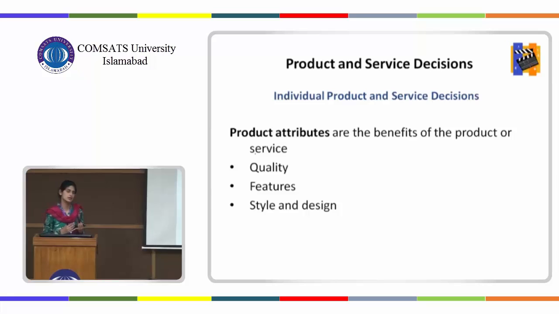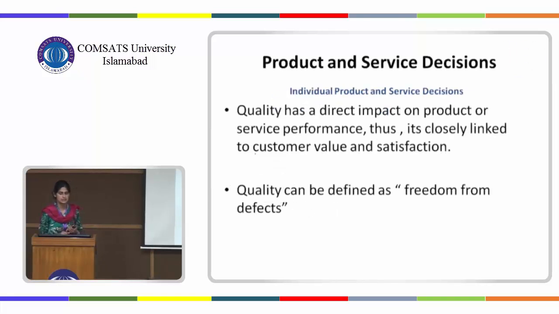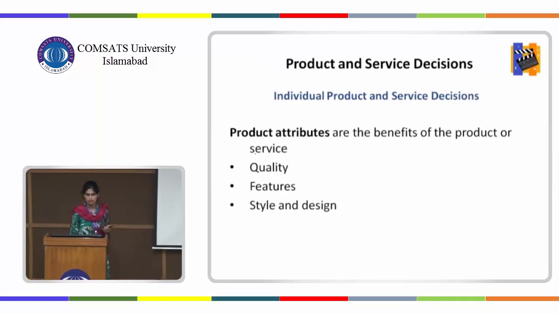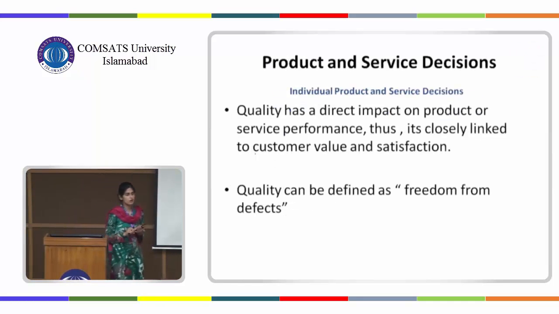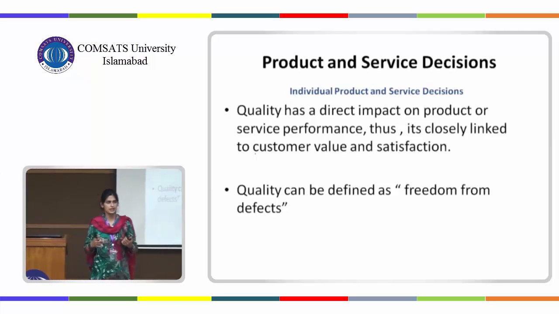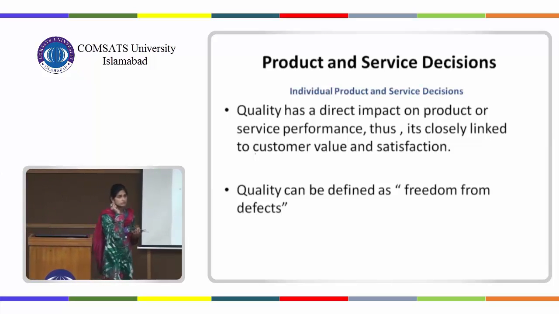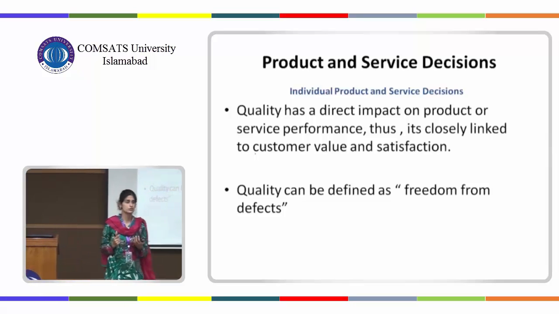The first one is product quality, followed by product features, style and design. Let's first do product quality. Product quality has a direct impact on the overall positioning of the product and its performance. Now, what is quality?